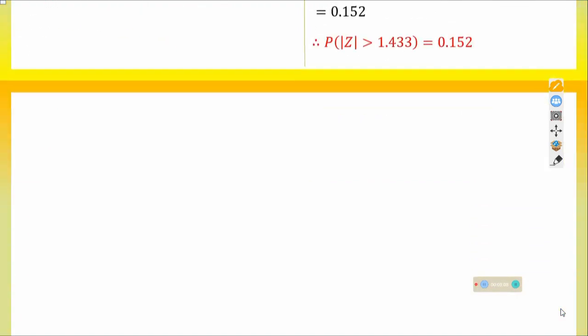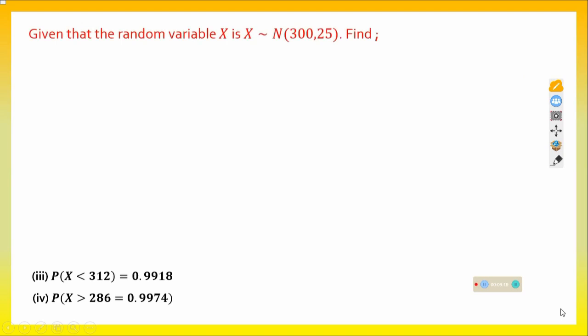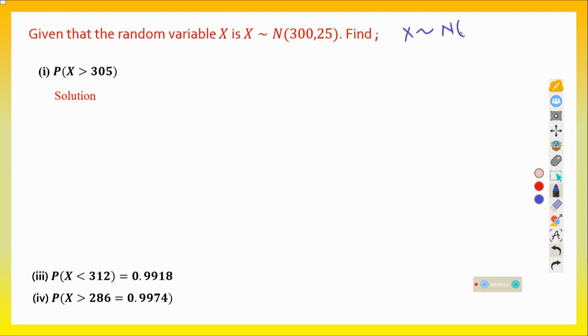So next we can look at some more examples here. Let us look at the case where x follows a normal distribution N(300, 25). If you recall very well, this one here is the mean, and what you have here is the variance.